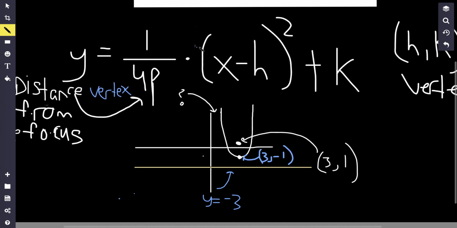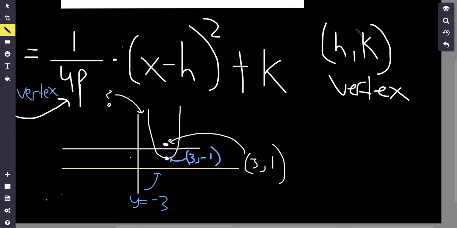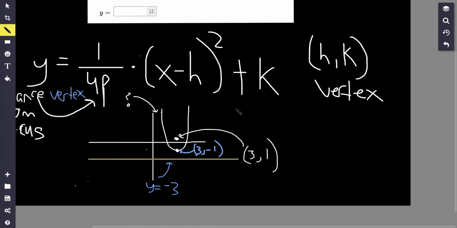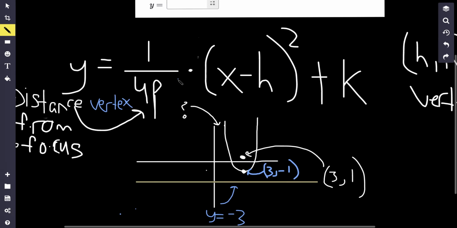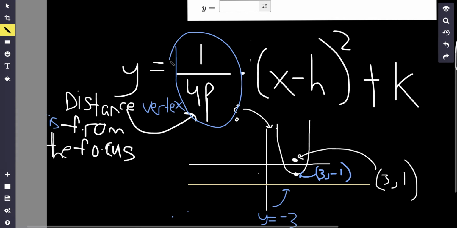And this is going to be multiplied by (x - h)² + k, where (h, k) is the vertex of the graph. If this seems daunting, just know that the second part of our formula is literally the vertex formula for a parabola. So all you've got to memorize is 1/(4p), which is pretty simple.